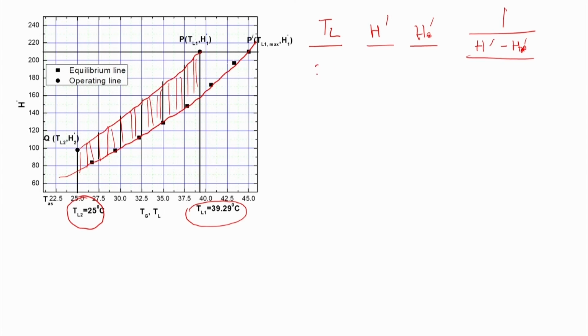So, we start from 25 degrees Celsius. For that, the enthalpy value from the graph is 98, which we already derived, and at the equilibrium line the value is 75. So, 1 by 98 minus 75 comes out to be 0.043.